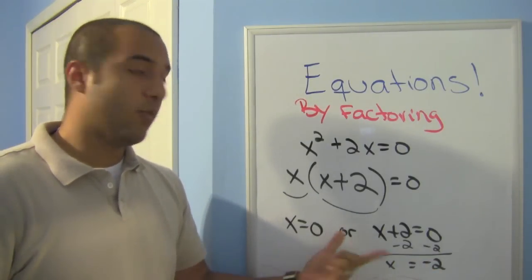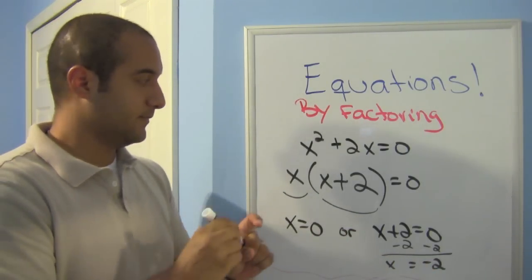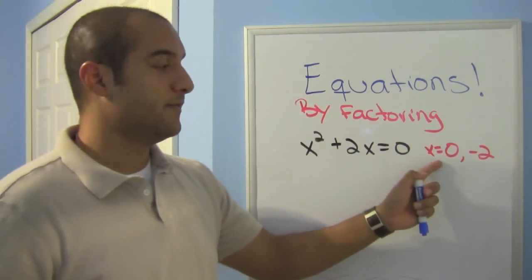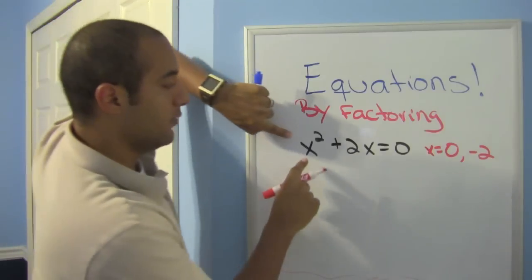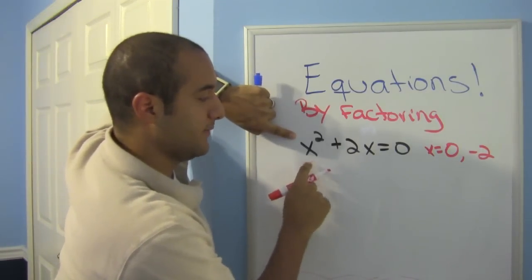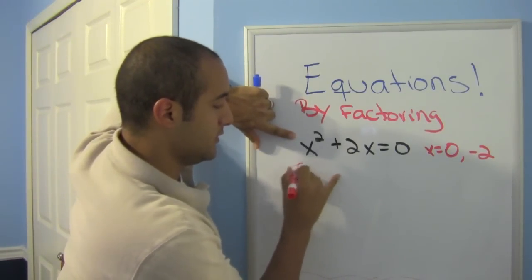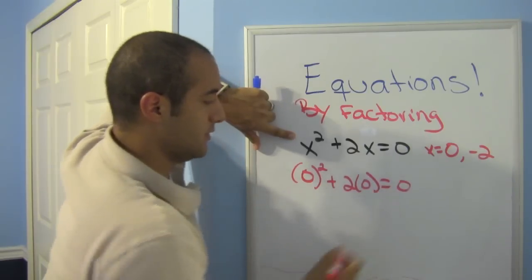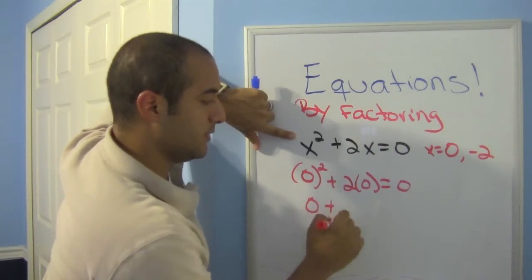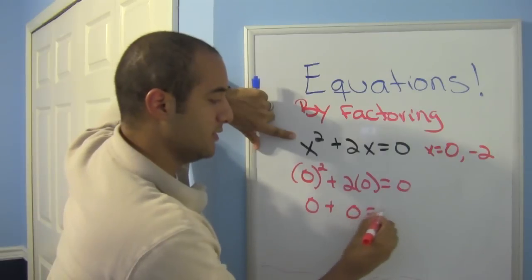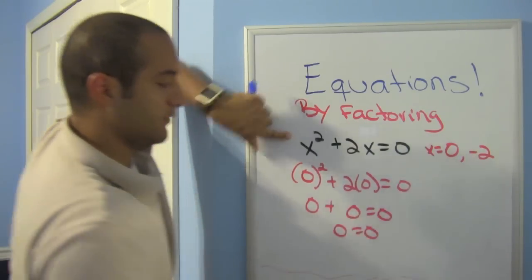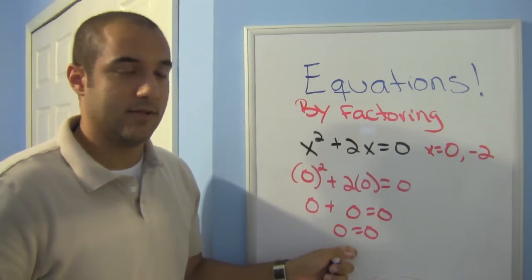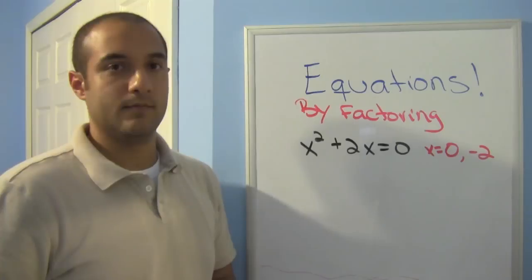Alright, now let me show you why we split it into 2. In the first scenario, x was 0. What happens if we substitute a 0 in here? This would be 0 squared plus 2 times 0 equal to 0. 0 squared is 0 plus 2 times 0, 0. 0 is equal to 0, which is true, so that's an answer. Let's look at what happens to this one.